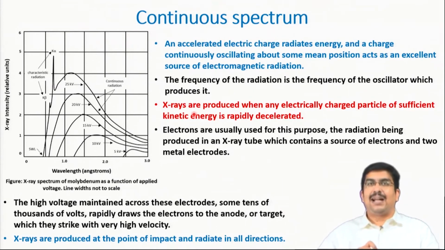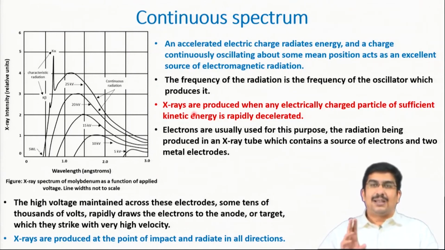Any accelerated electric charge radiates energy, and if that charge is continuously oscillating about some mean position, then it will emit electromagnetic radiation. This is exactly how radio waves are generated from an antenna.